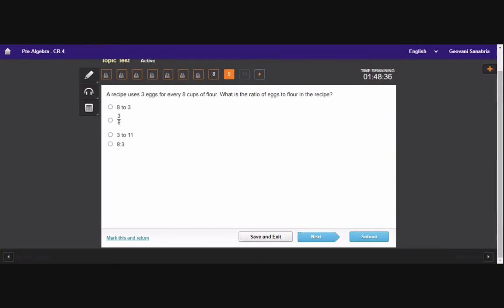All right, a recipe uses 3 eggs for every 8 cups of flour. What is the ratio of eggs to flour in the recipe? 8 to 3, that one's off, obviously.